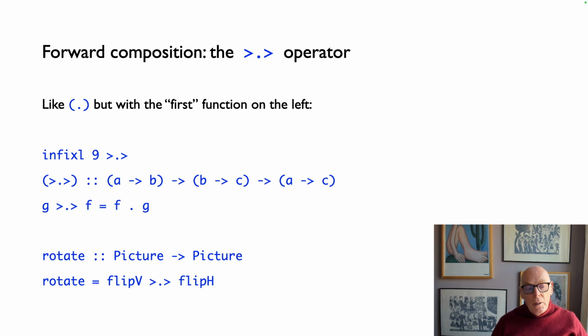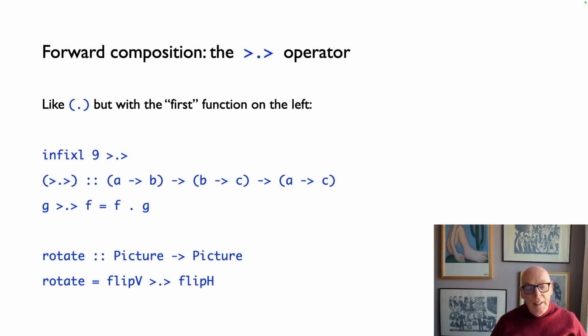Now we can also define an operator for ourselves, arrow dot arrow, which is like dot but has the first function on the left. So g arrow dot arrow f is the same as f dot g. So it's g then f.